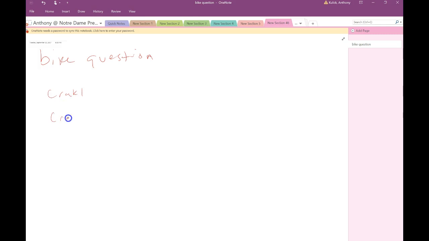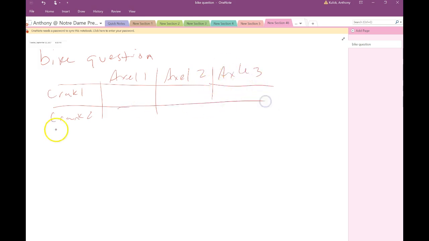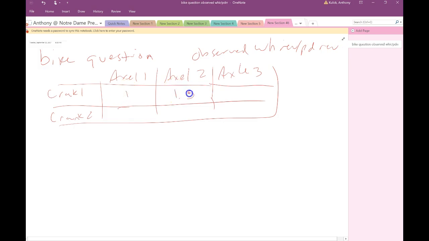So I might give you a table that says crank 1, crank 2, and then axle 1, axle 2, axle 3. That's probably enough to give you the idea. And this table might be observed wheel rev per pedal rev.